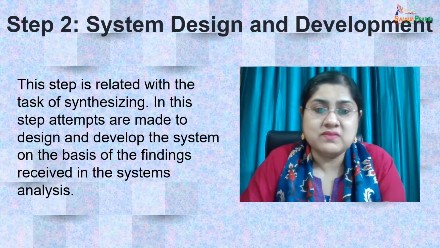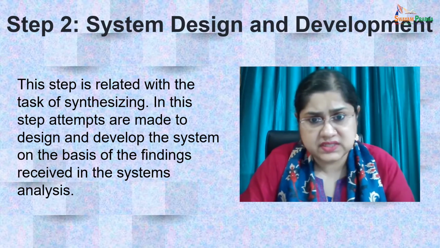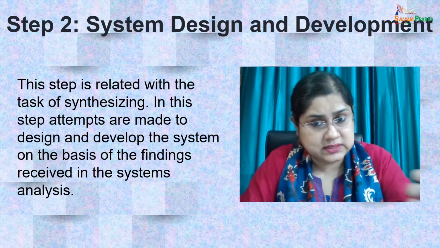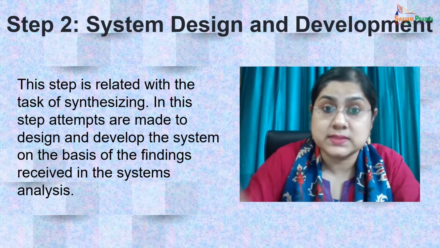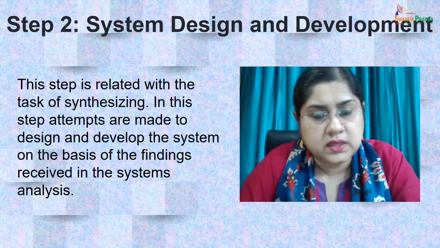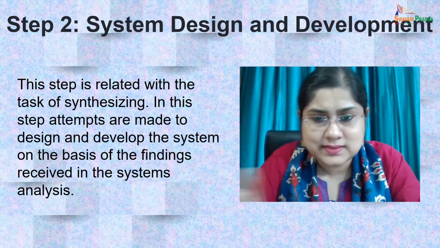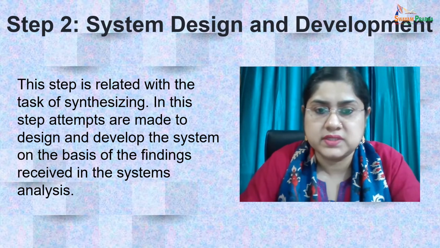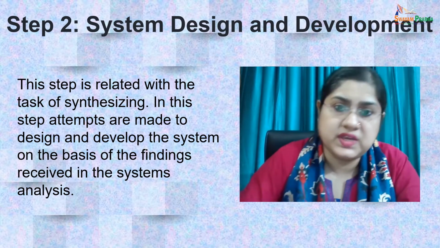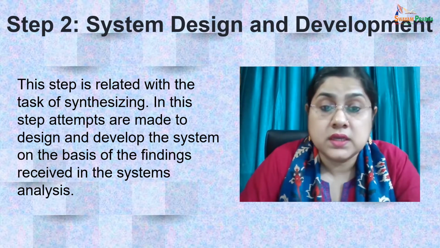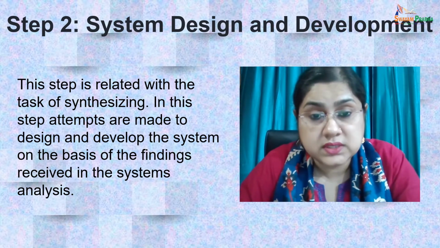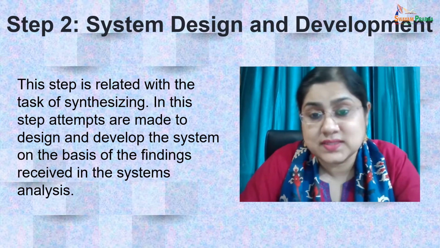There are a few activities which are actually done in this step, when we are talking about the systems design and development, which is the second step. Let us see what those important activities are. The first thing is to determine or check the objectives of a system.